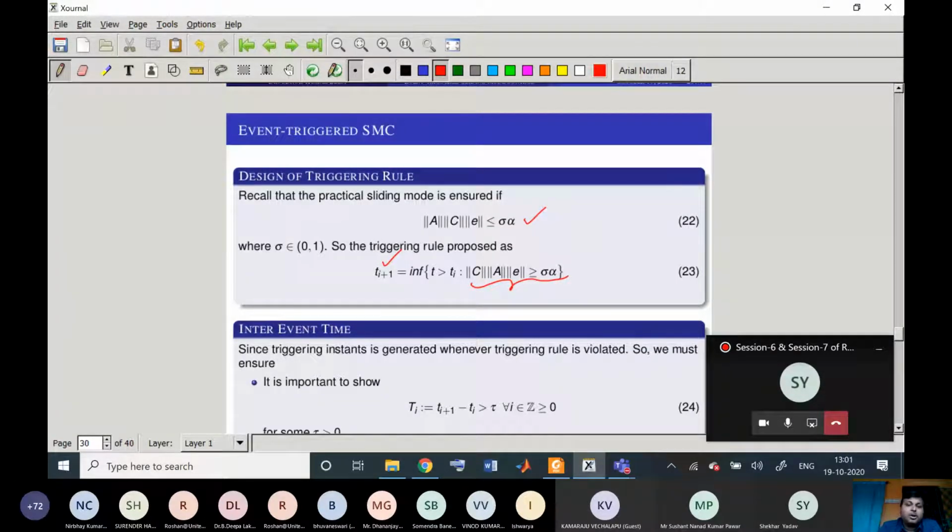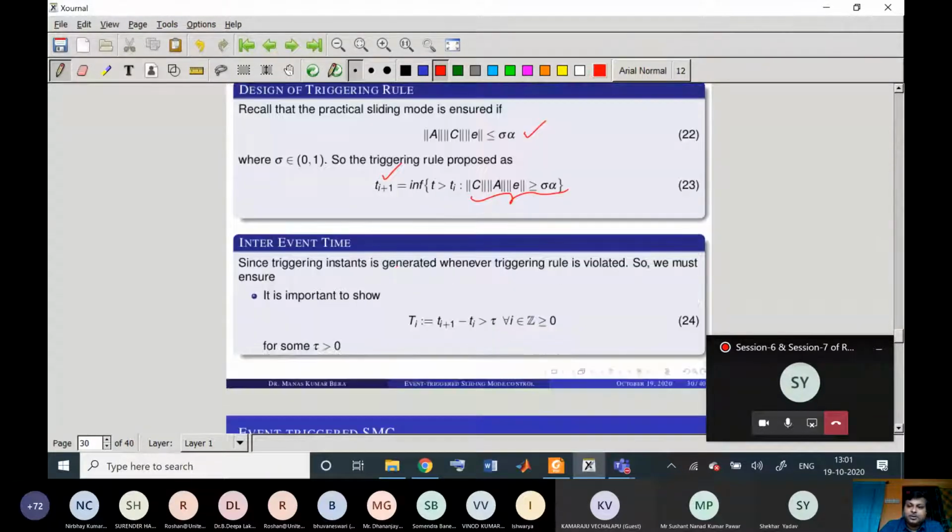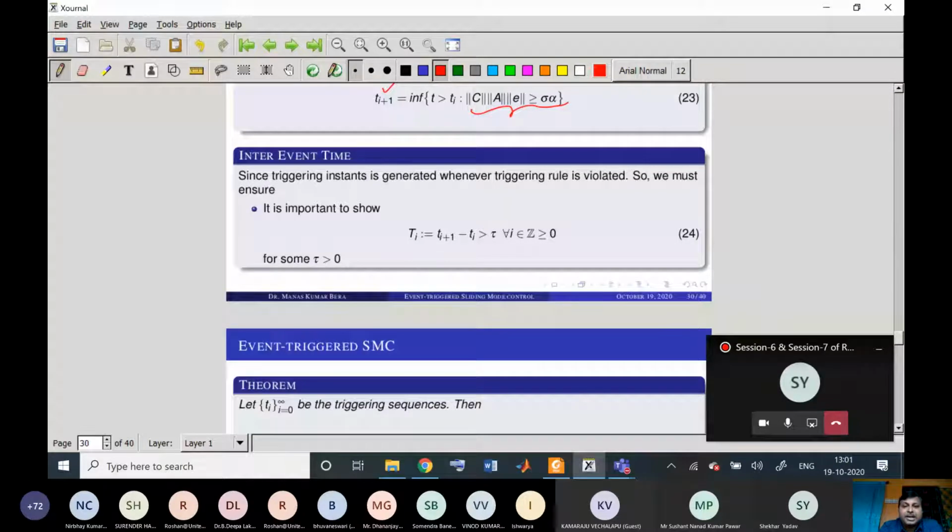The next thing is that you have to show that the inter-event execution time, that is t(i+1) minus t(i), will always be greater than a positive value.